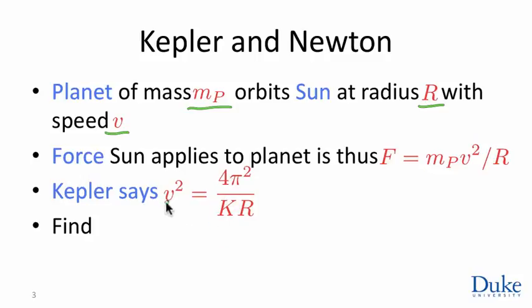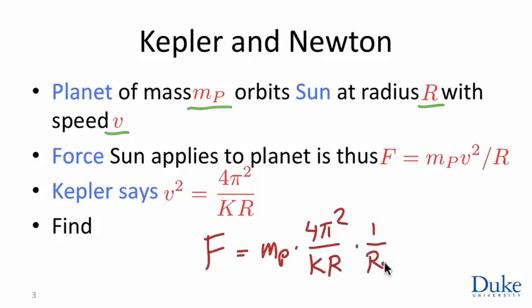So I can put this expression into that, and I can find F is equal to the mass of the planet times the square of its velocity, 4 pi squared over kr, divided by the radius of its orbit, or rearranging things a bit, 4 pi squared divided by k times the mass of the planet divided by r squared.